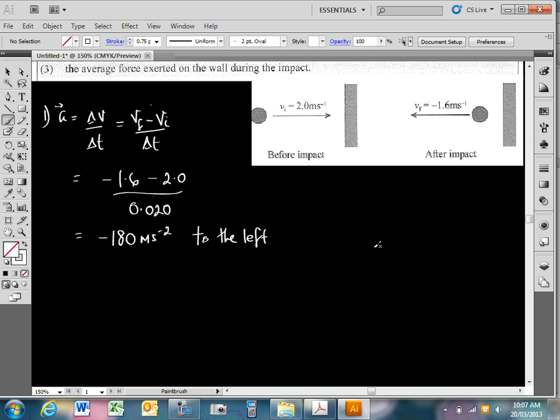The wall might think, well, I'm walking towards the ball. The wall applies a force to the ball to the left, doesn't it? And therefore the acceleration, of course, is to the left. Yes, negative acceleration, absolutely. Not deceleration. In this case, it is negative acceleration.